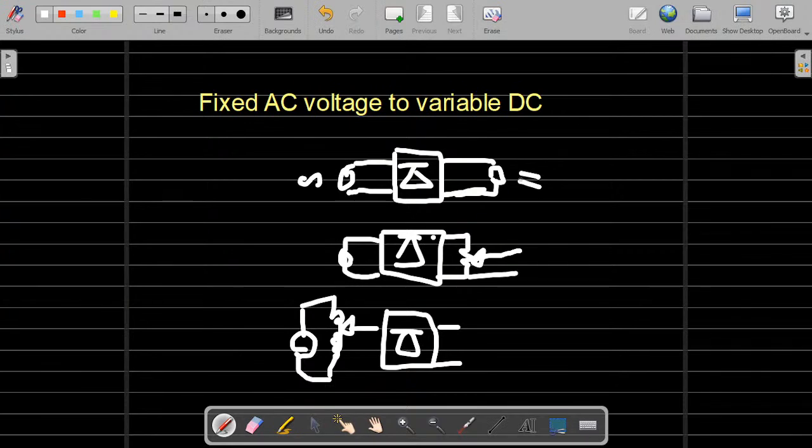Then the whole output of the rectifier is dropping across the divider network, and then from the variable terminal we are getting the output. So think about the power loss in that potential divider.